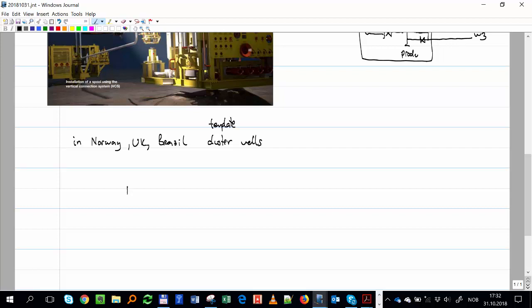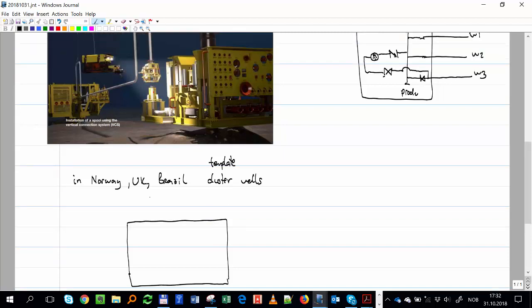In that case, in the same structure, they place the wells in the same subsea template. They place the wells and the manifold both in the same subsea structure.